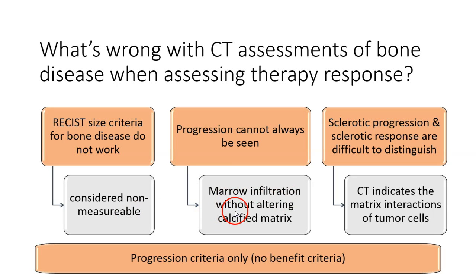We know that marrow infiltration can occur without altering the calcified matrix, and even if we see something in the matrix, it's difficult to distinguish sclerotic progression from a sclerotic response. And one of the most important things to remember is that there are only progression criteria for CT scan. There are no positive benefit criteria.